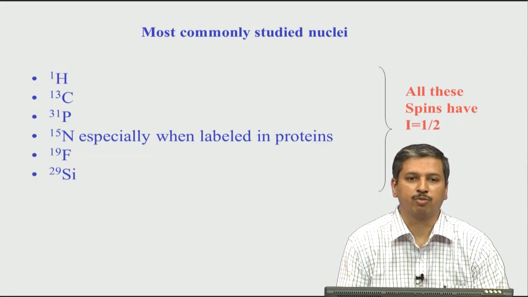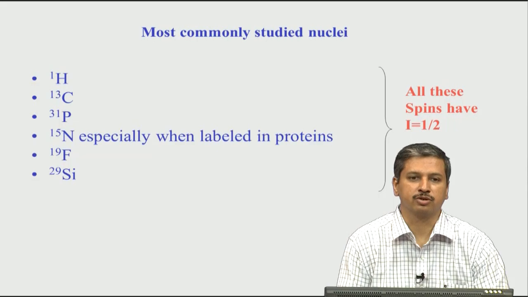N15 is also a very popular nucleus, especially when we are looking at biomolecules. Fluorine 19 is also very popular, especially in the drug industry, in pharmaceutical drugs. Many of the drugs have fluorine, and fluorine is also very close to proton in terms of sensitivity, which we will see. And silicon is also useful for materials.